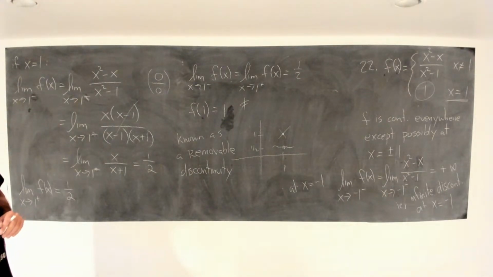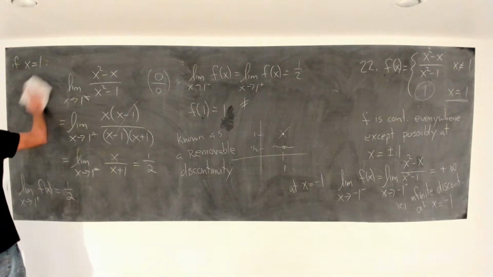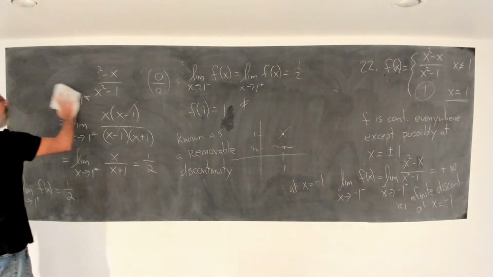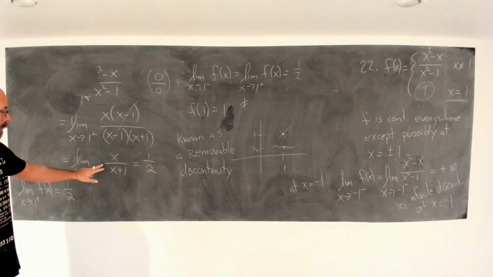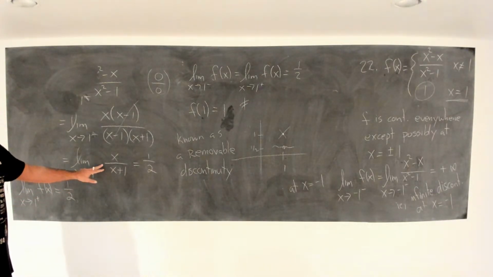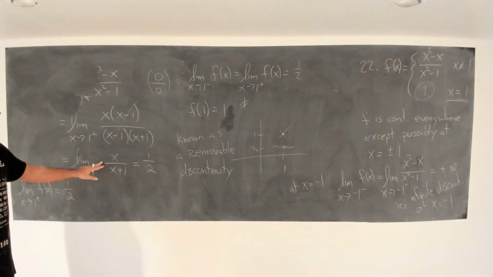Can we go over the graph? Well, from this work here, your function is essentially x over x plus 1, whatever that graph looks like.